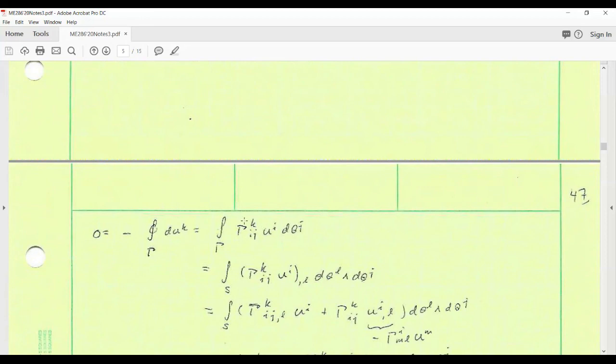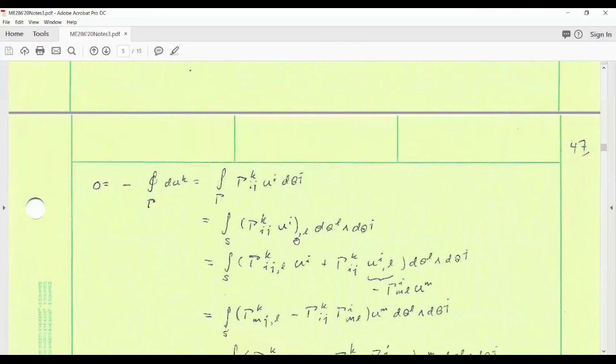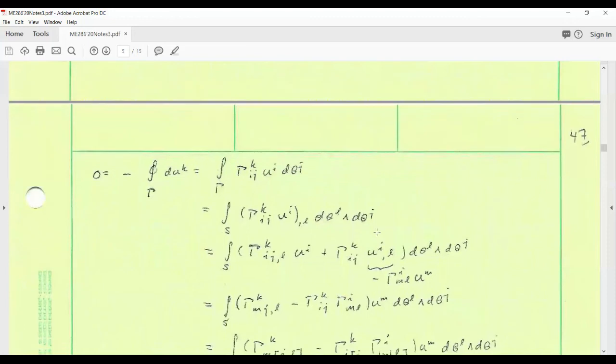Suppress k for the moment, this defines v_j, v sub j d theta^j. We can use Stokes' Theorem on that. We convert that to this surface integral involving this wedge product. That involves, first you take the l derivative of the v sub j, that's this, and then you form this wedge product. Now you're integrating over the surface.